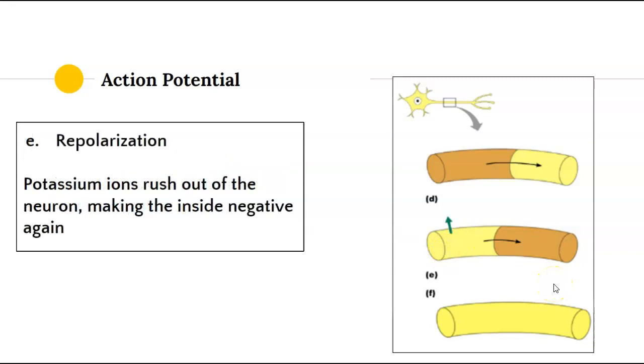As the change in positive and negativeness happens and the action potential moves down the axon, once it passes certain areas, repolarization starts to happen. Potassium ions rush out of the neuron, which makes the inside negative again, bringing us back down to our resting potential.